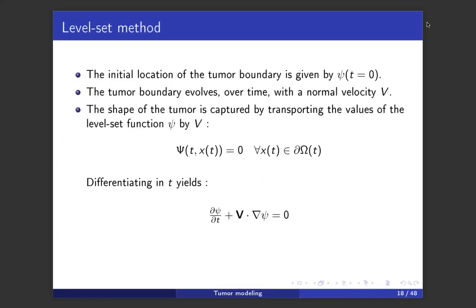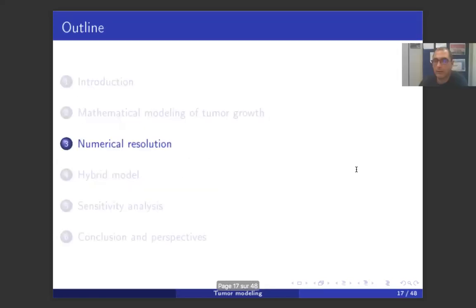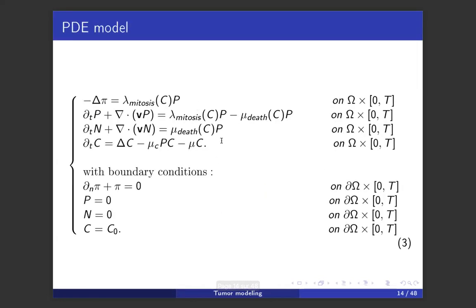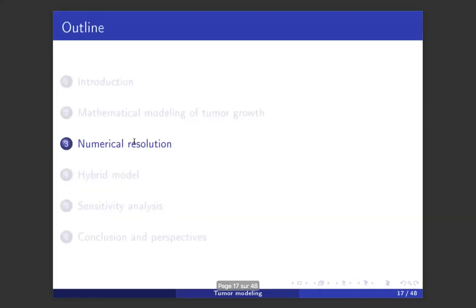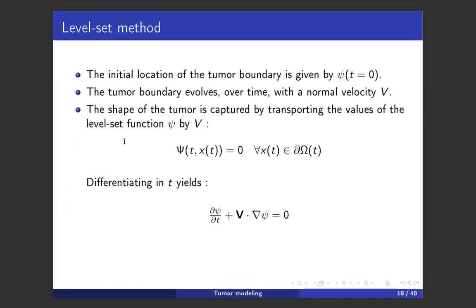And then in order to compute the free boundary and, of course, all the densities which we are searching for, we will use a level set method, and we initialize the location of the tumor boundary, which is given by psi at time t equals 0.